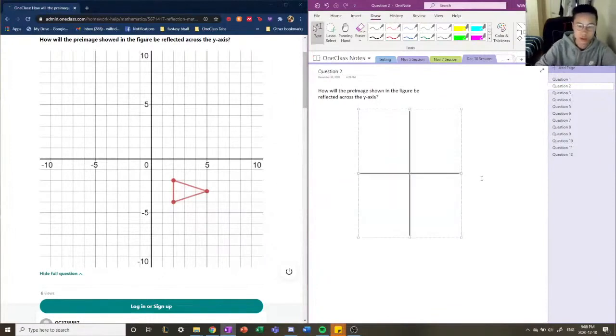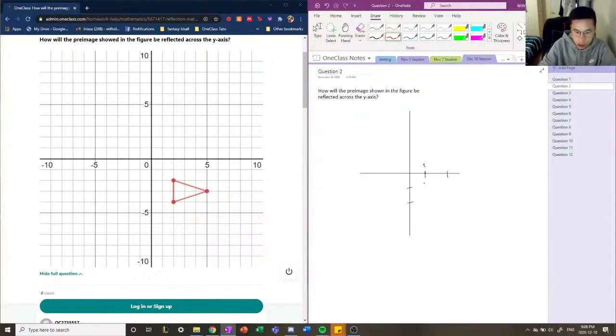Okay, so first of all, let me label my triangle here, okay? So we have vertices 2, -2, so this is going to be 2 here. So this is going to be -2 here. We have -4 and 5, and we have 2, 4, we'll have 5 over here. Okay, so our triangle has vertices of 2, -2.